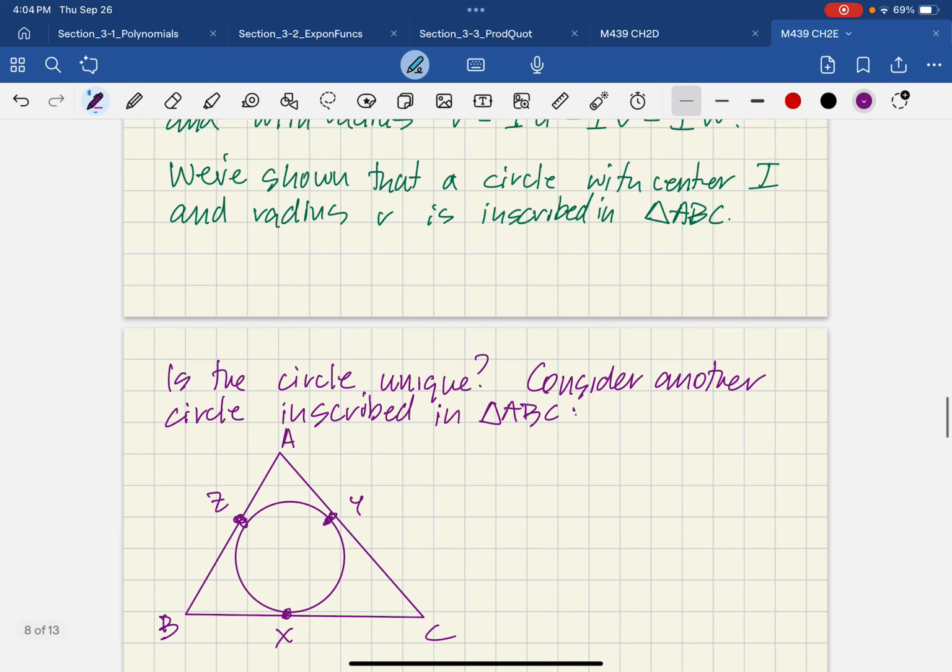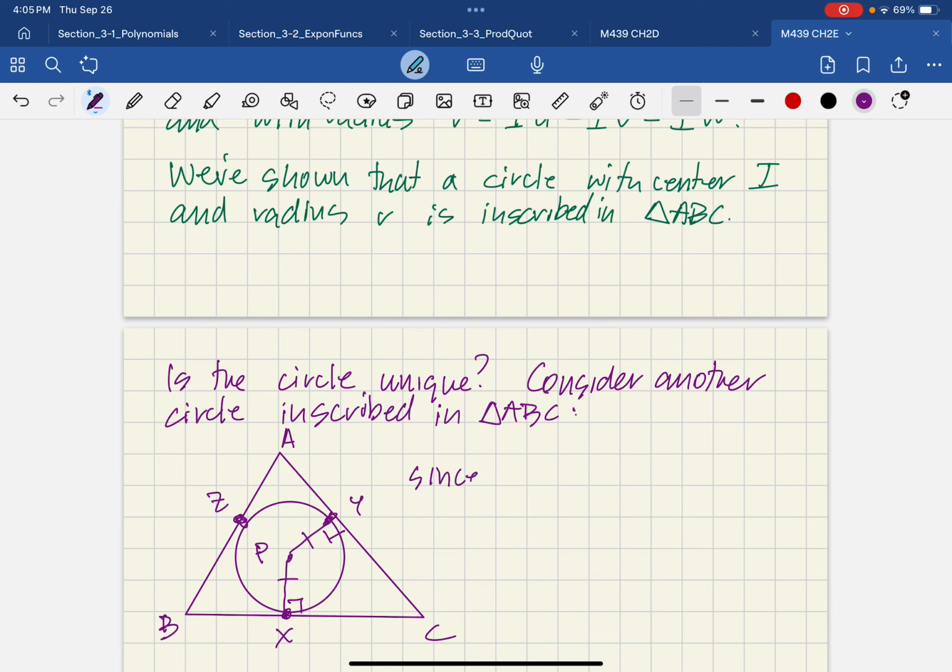So it's going to have some center, and let's call it P, and we'll know that if it's tangent to those sides, then PX and PY would be perpendicular. But by the fact that it's a circle, we know that this is the same, right?